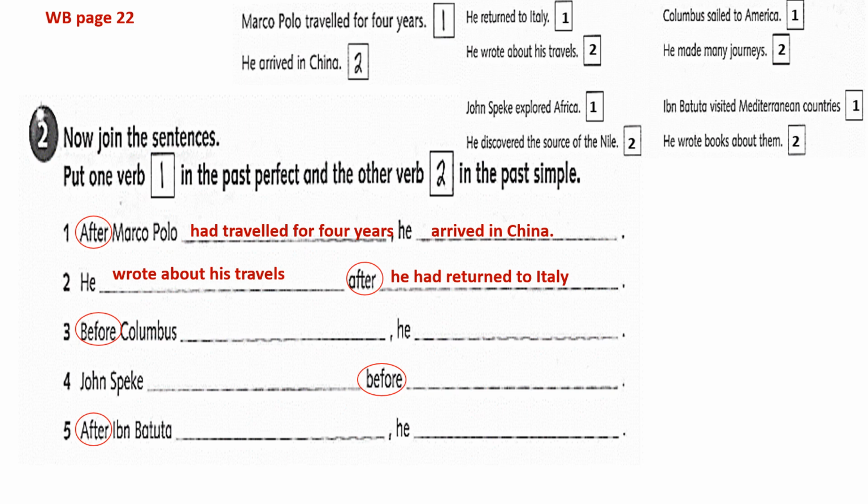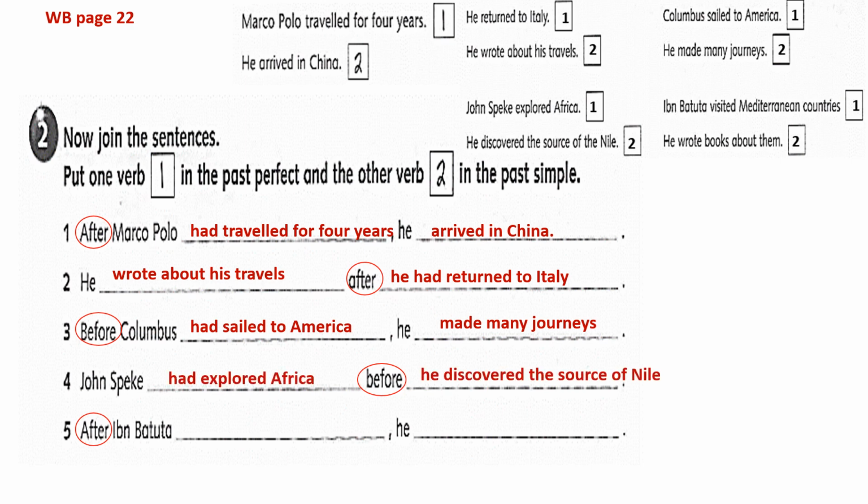Number three, before Columbus sailed to America, he had made many journeys. Number four, John Speke had explored Africa before he discovered the source of the Nile. Number five, after Ibn Battuta had visited Mediterranean countries, he wrote books about them. Take note, we use time expressions before and after.